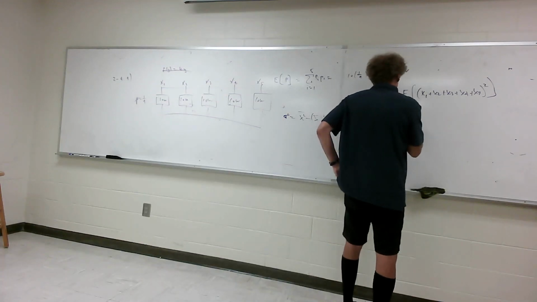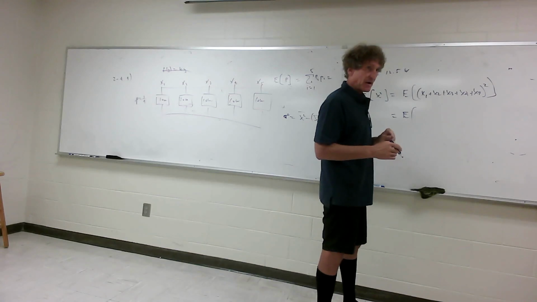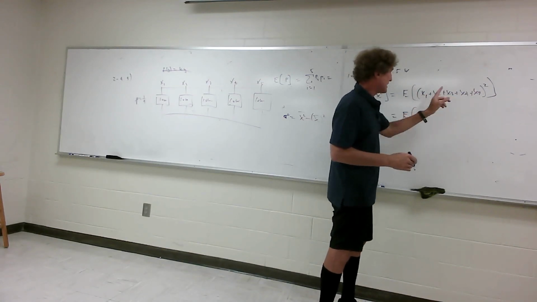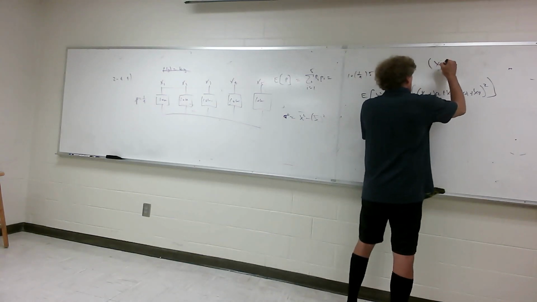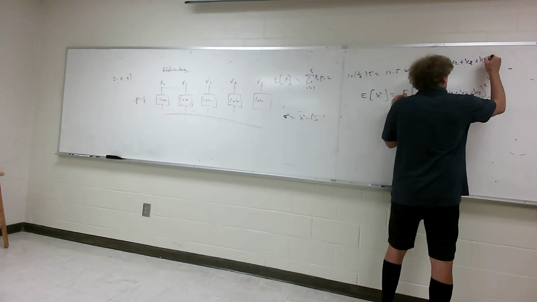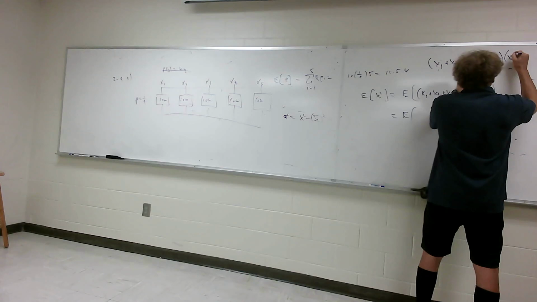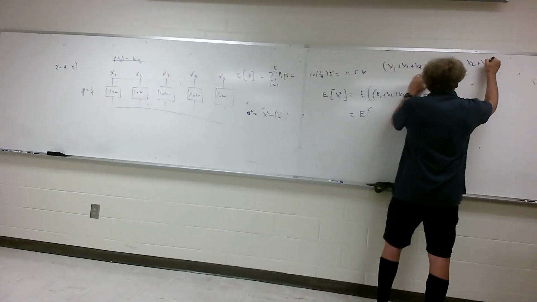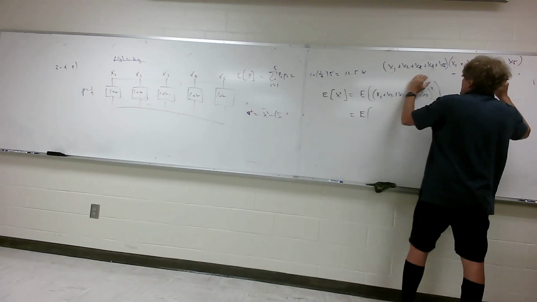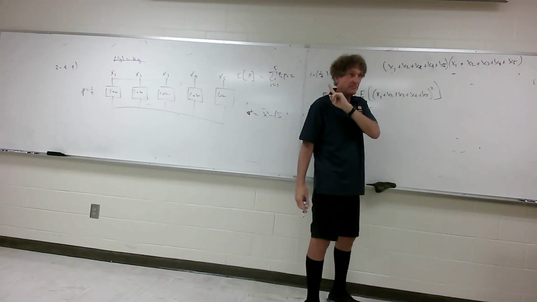The way you can write this is the expected value of, now if there's 5 variables, right? If you take this and write it out again, maybe I'll do this just to show my point. x1 plus x2 plus x3 plus x4 plus x5, and then we have x1 plus x2 plus x3 plus x4 plus x5. If I multiply this through, I'm going to have x1 squared one time.